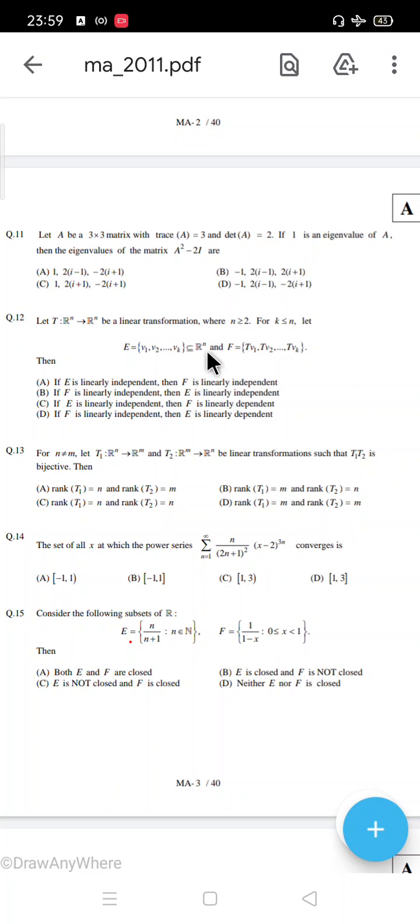The second one is easy. I want 1 minus x.